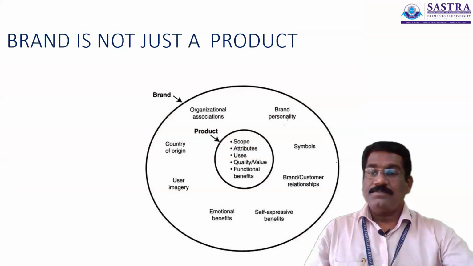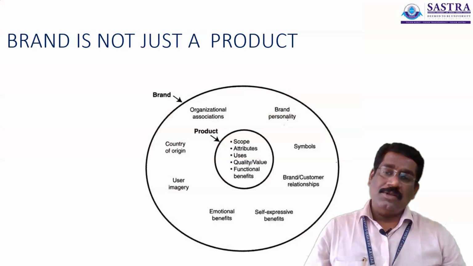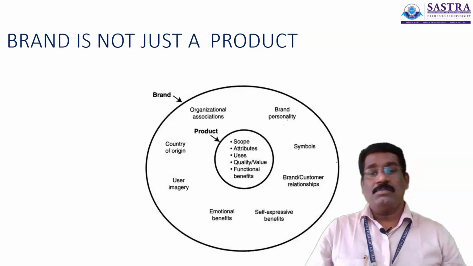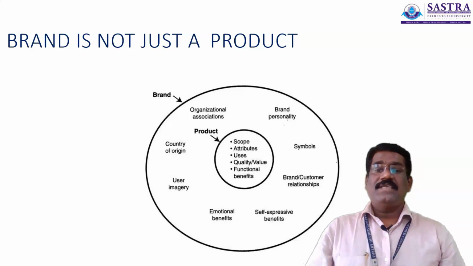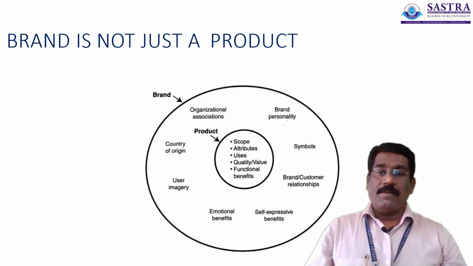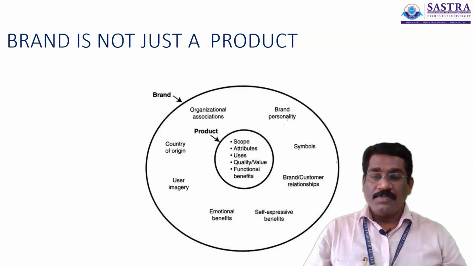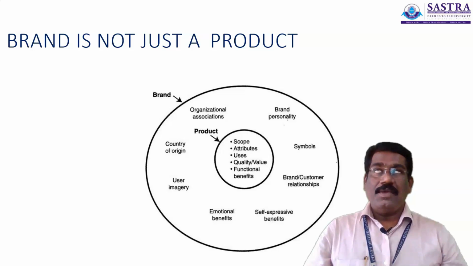Let's move further. So, a brand is not just a product. A brand is more than a product. For example, a product should extend some kind of scope, and a product can be remembered by the consumers through its attributes. For example, if you think about the Intel brand, immediately what happens?